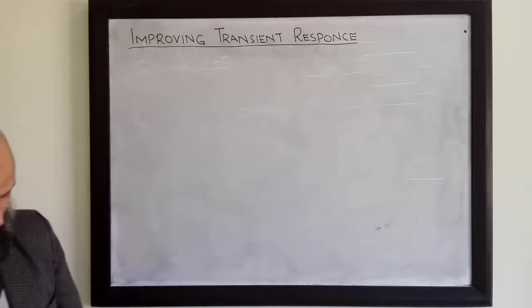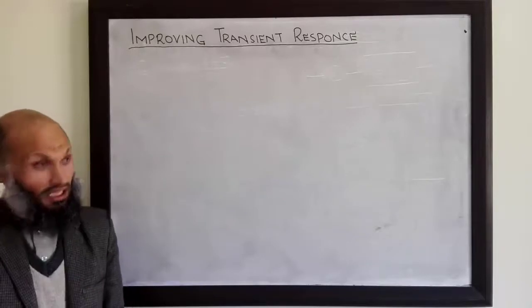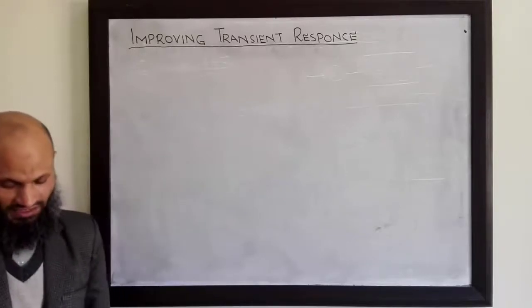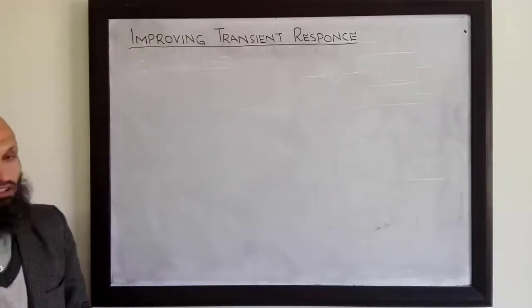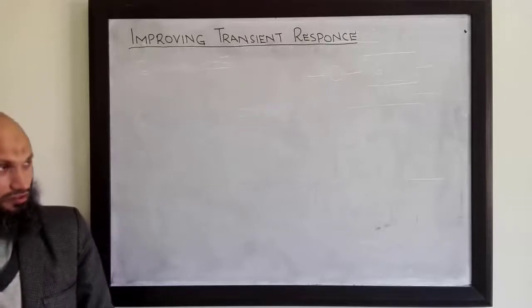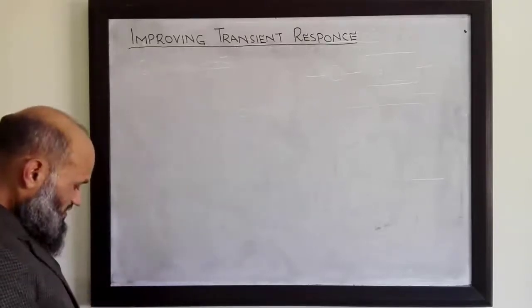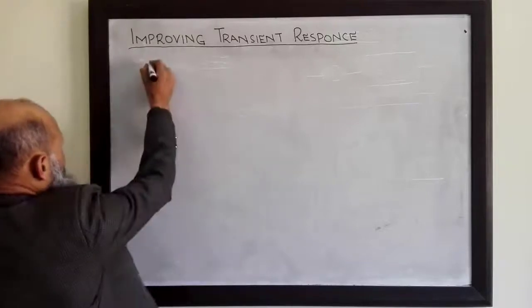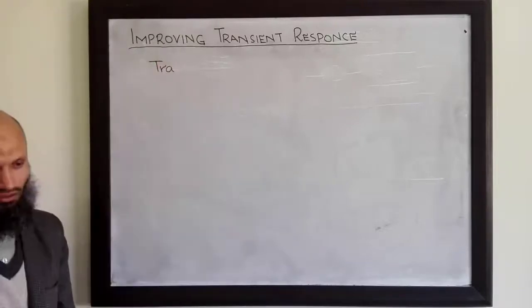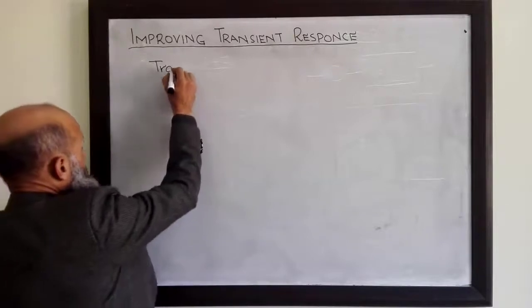You remember that transient characteristics as well as stability are determined by the location of closed loop poles. So from the design specifications, you determine the location of closed loop poles.